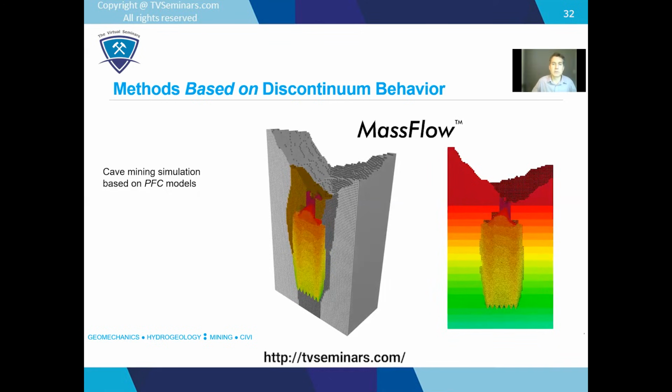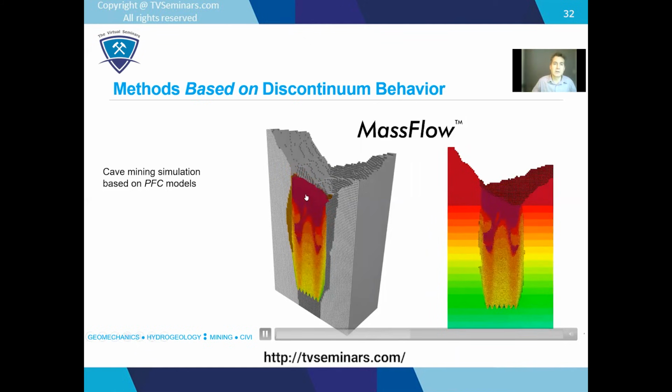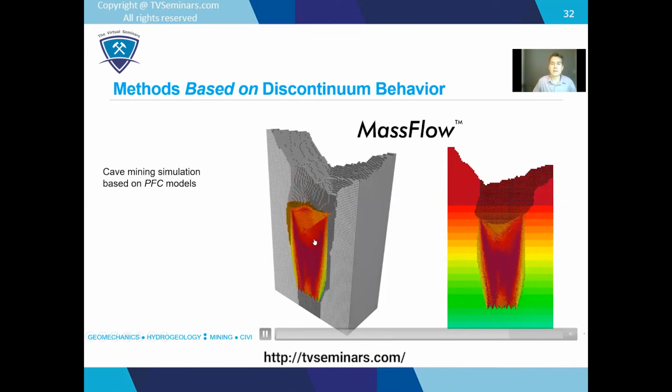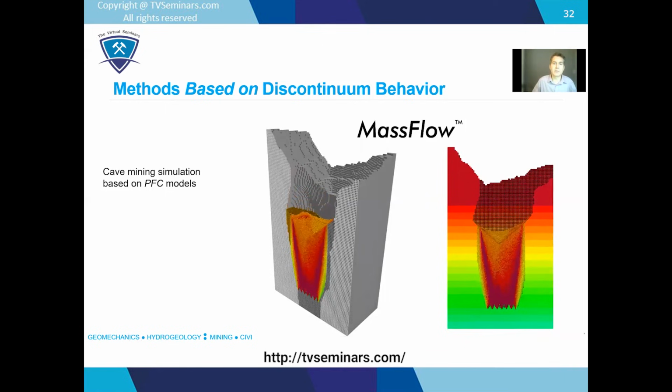And so this is more or less a continuum model, but we've got this behavior in the middle here, which is based on what we've seen in PFC models, but it's not actually running a particle model. It's just using the learnings from the particle models to get the right sort of caving behavior here. And so it runs way faster than a particle model, but still gives you the kind of behavior that you're looking for.